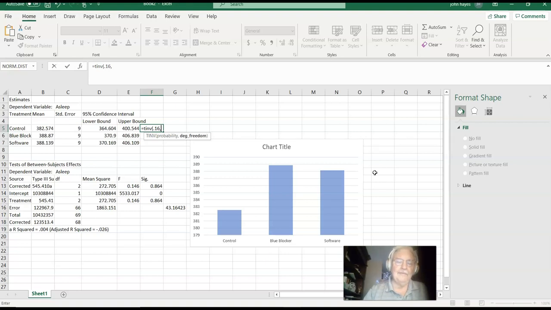So half of 16 is 8, that's the amount that we want on each tail. But to get to that, we put in the 16.